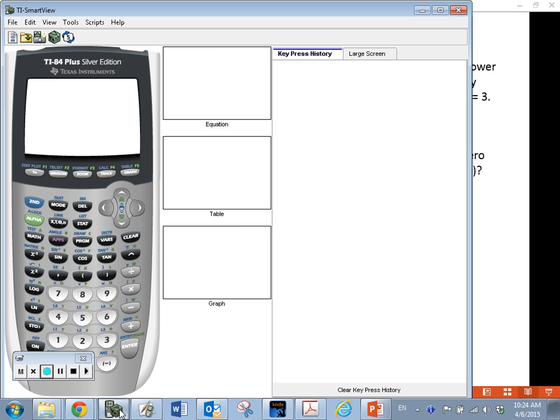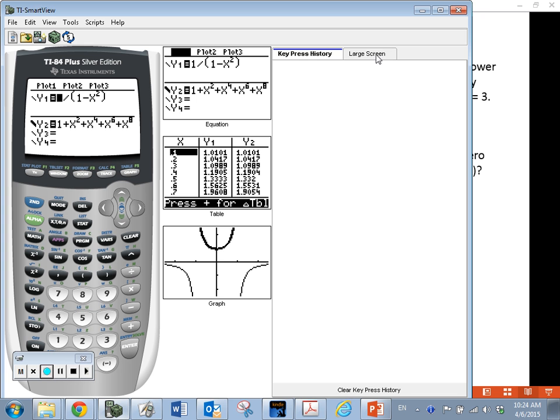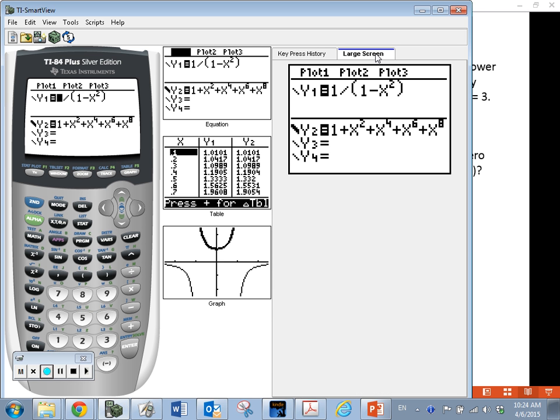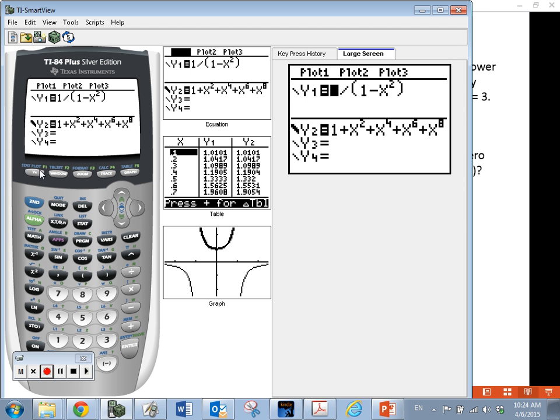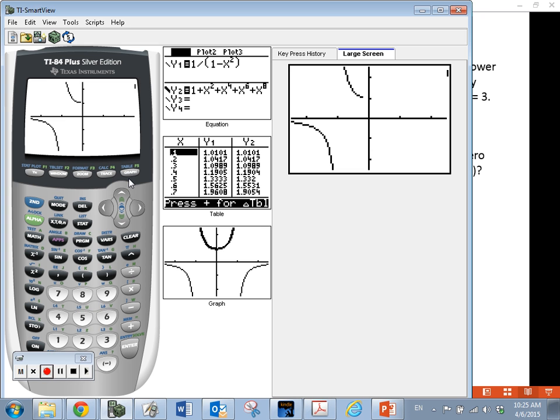So if you'll note, I have my function in y1, and then I have my first 5 terms in y2. Okay, so let's graph it and take a look at what it looks like. So that's the original function.